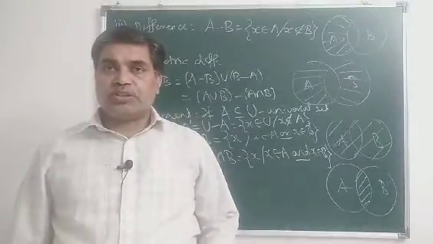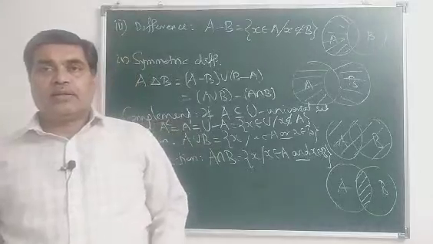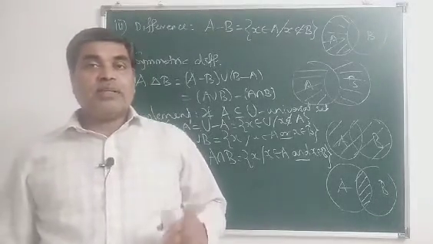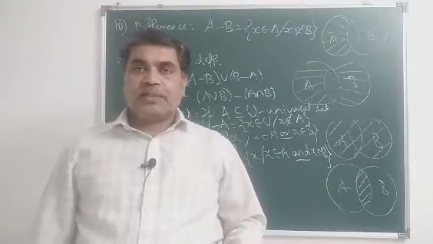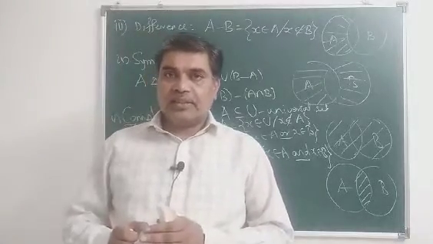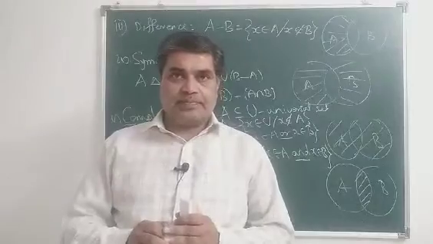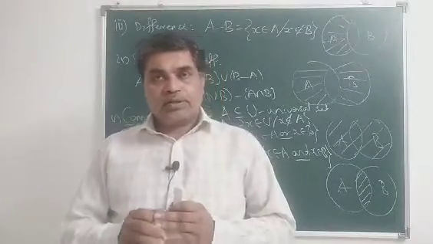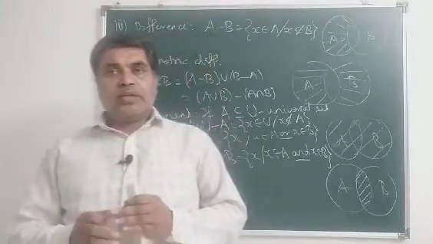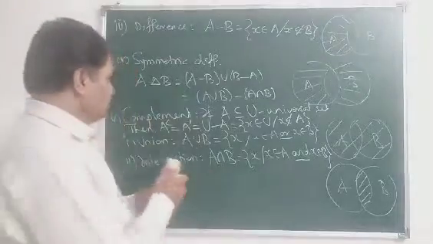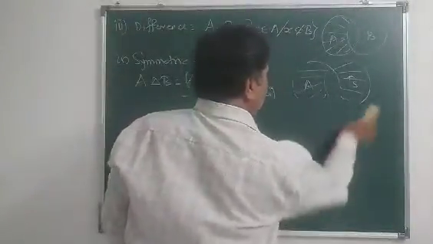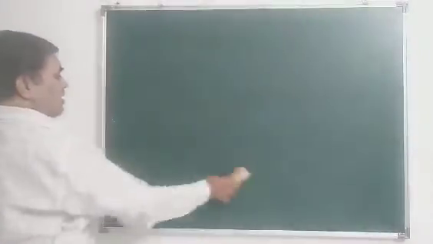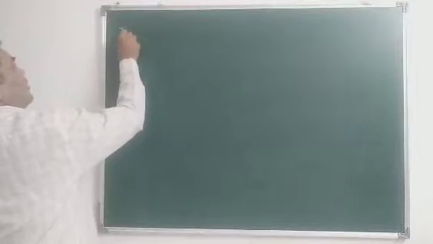Now distributive laws. We know that multiplication distributes over addition in the set of numbers, means A into B plus C is equal to AB plus AC. On the same line, union operation distributes over intersection and intersection also distributes over union. So what are the distributive laws?